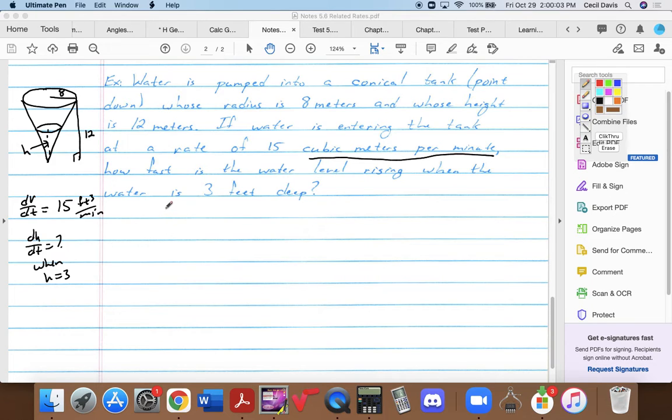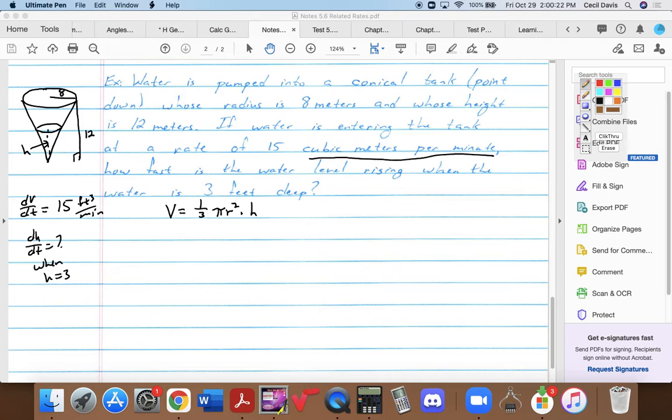The formula for the volume of a cone is? It's 1/3 pi r squared times height.